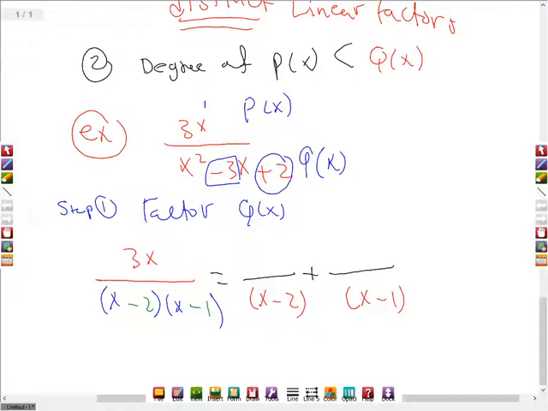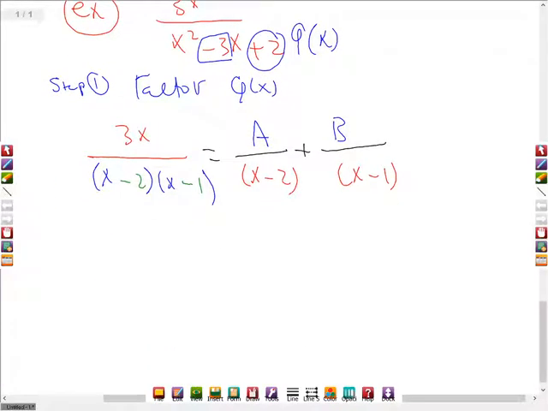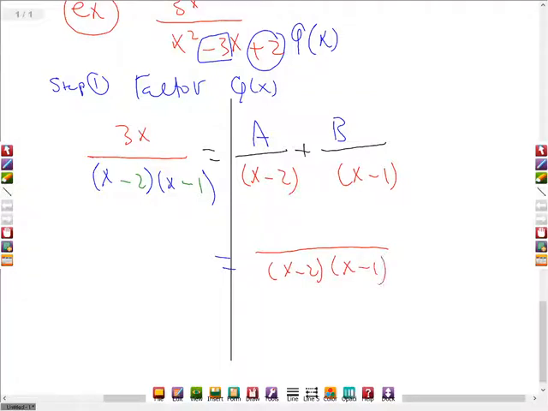In the top, we're going to make believe there are two constants, A and B. My objective is to find what A and what B are. We're going to deal with the right side and make the same denominator. You multiply the two denominators.